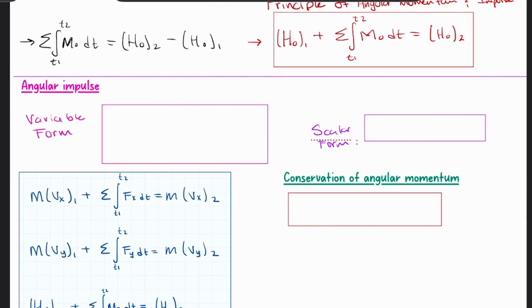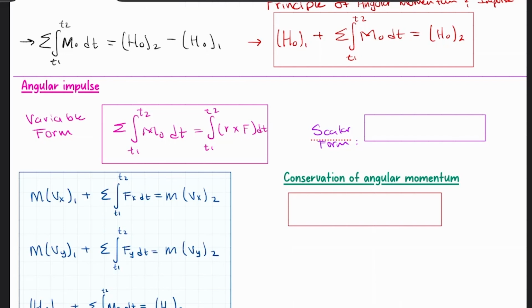If we just focus on the angular impulse, notice this is the sum of the integral from T1 to T2 of the moment about point O with respect to t, which is equal to the integral from T1 to T2 of r cross product force dt. So the cross product of a distance perpendicular to a force, that's basically what a moment is.